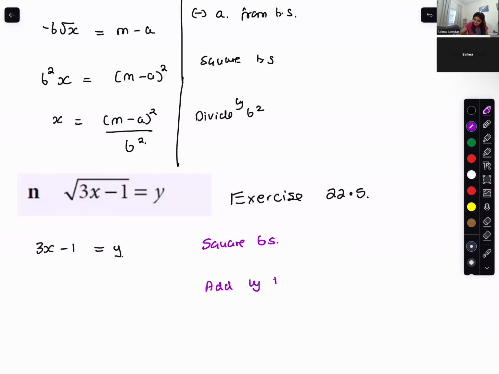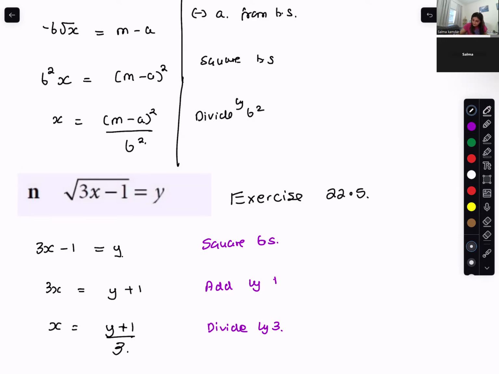So I will get 3X is equal to Y plus 1. Then I'm going to divide both the sides by 3. So I will get X is equal to Y plus 1 over 3. So this is my formula.